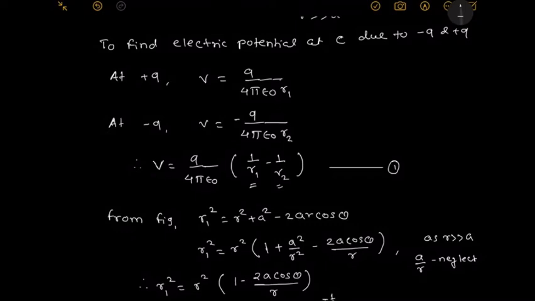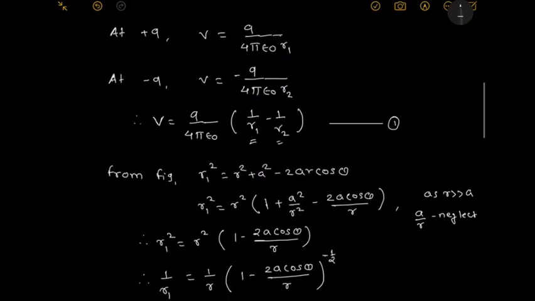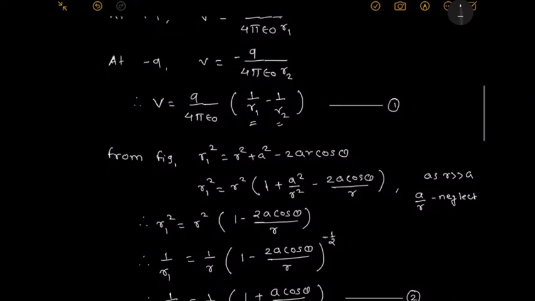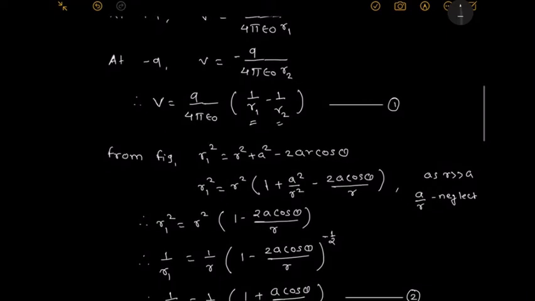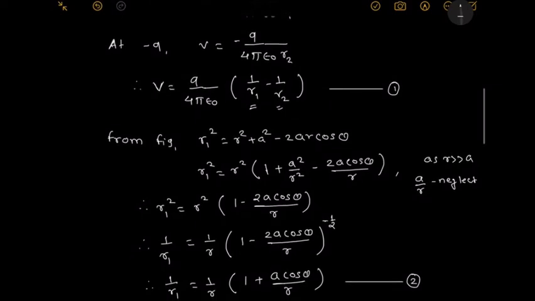Here we take the reciprocal of that equation and cancel the square on both sides. The equation becomes 1 by R1 equals 1 by R into bracket 1 minus twice a cos theta by R, raised to minus half. We use the binomial expansion for the bracketed term raised to minus half and write only the first two terms.